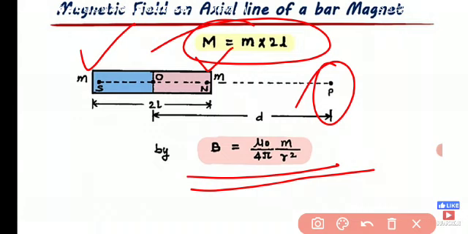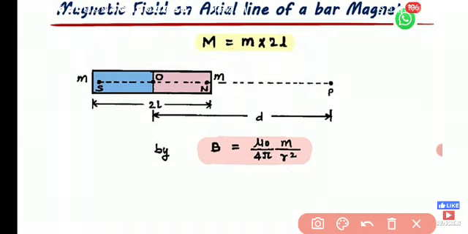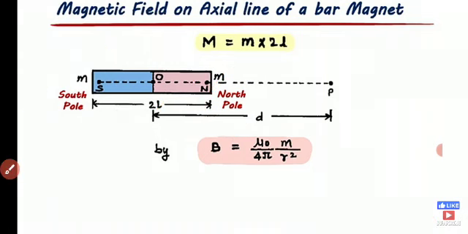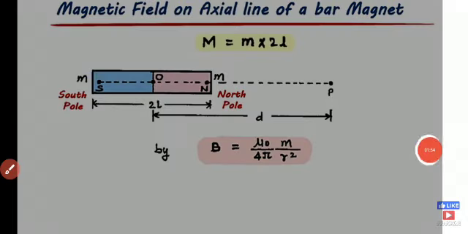This is according to Coulomb's law in magnetism. I hope you remember this. After that we have to calculate the magnetic field due to the north pole and the magnetic field due to the south pole. So for that we need to use some formulas.